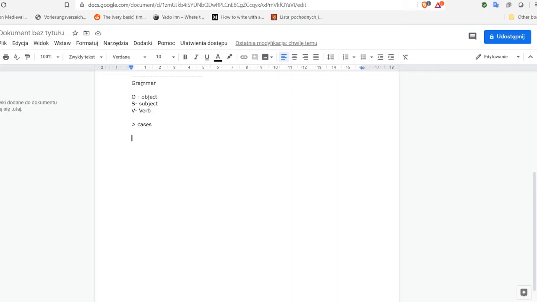But there are reasons to make a bigger case system. For example, the thing with cases is, a case basically always makes it so that you have an object marker and a subject marker. And verbs are usually marked in ways that you can already tell that that's the verb separately. That means that in languages that are heavy in case, for example Icelandic or Polish, you can basically put words in whatever order you want.